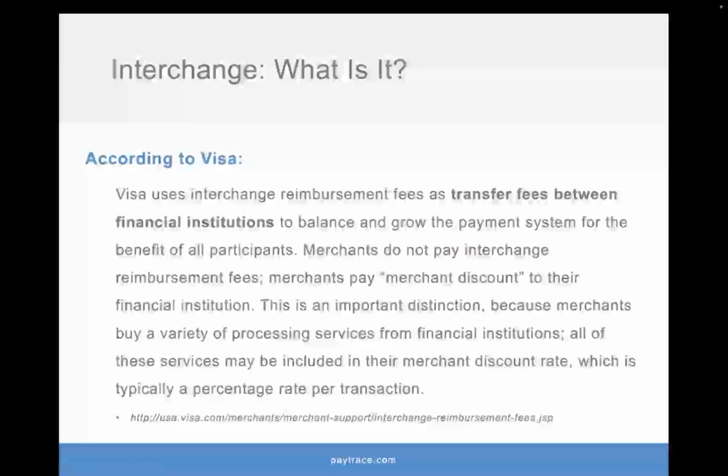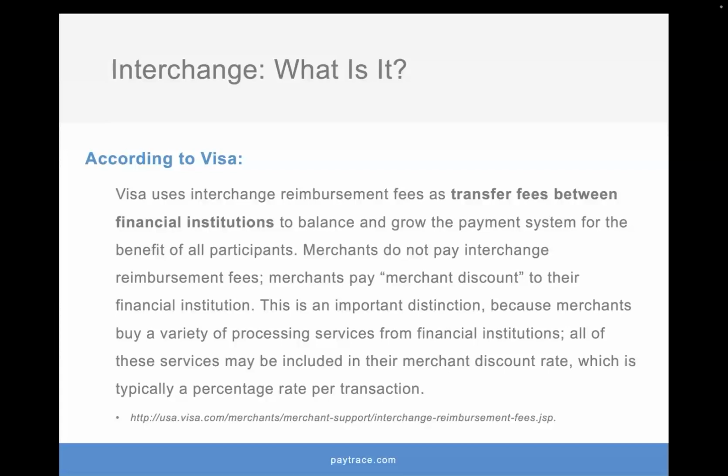So we're going to kick this off with interchange. What is it? Literally, let's define it. Rather than try to come up with my own definition or use AI to pull it up, I went to the card brands themselves, and I pulled this definition straight from the Visa website. Big, long definition, a lot of words, a lot of phrases that may not be commonplace for a typical business owner.